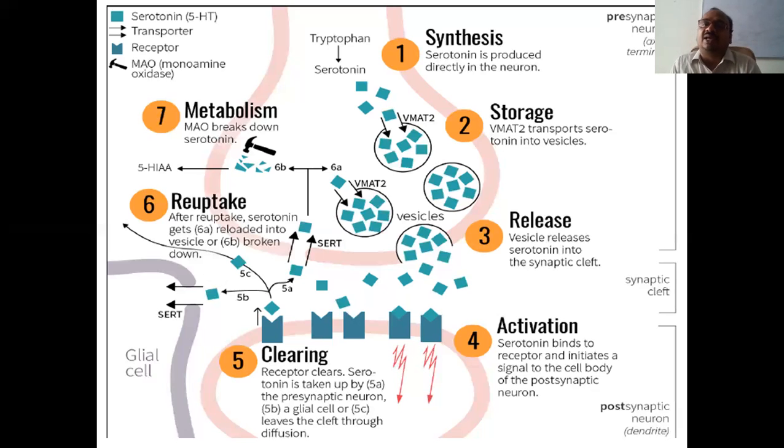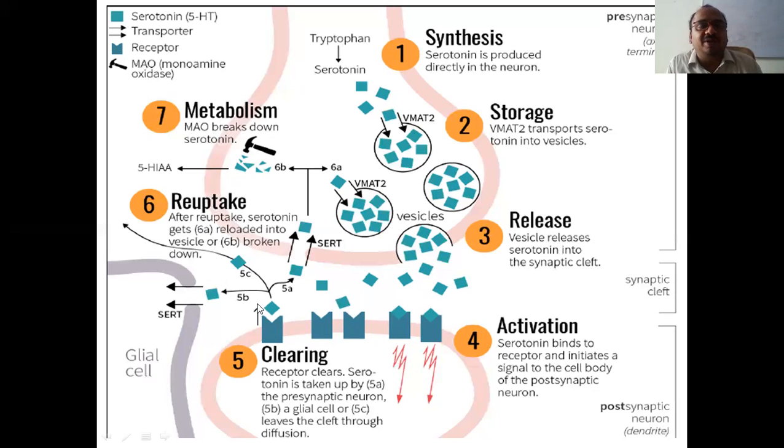Number two, you come here. As usual, when serotonin is released, there is a chance of reuptake. The presynaptic neuron will take up the serotonin again.